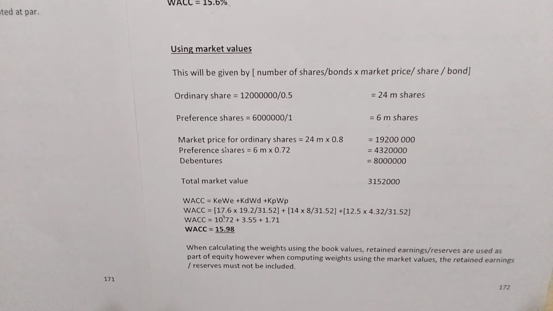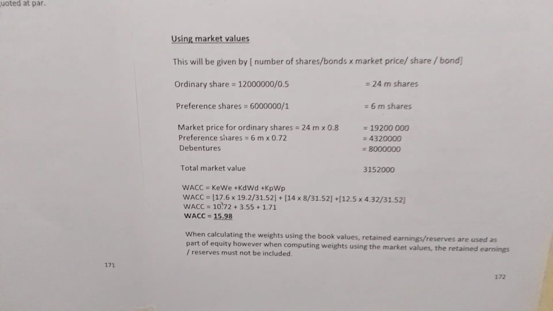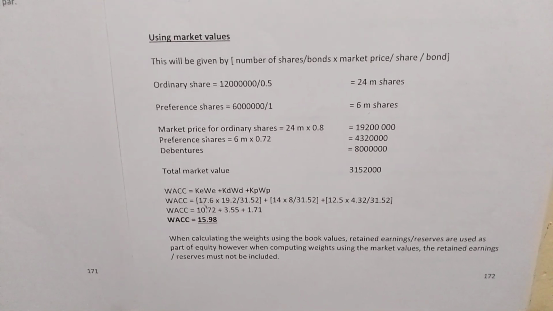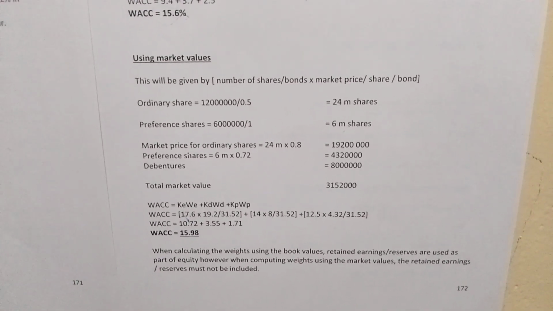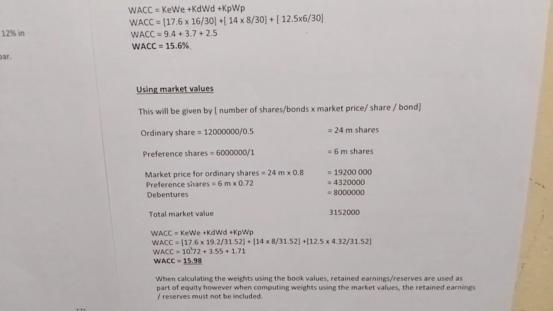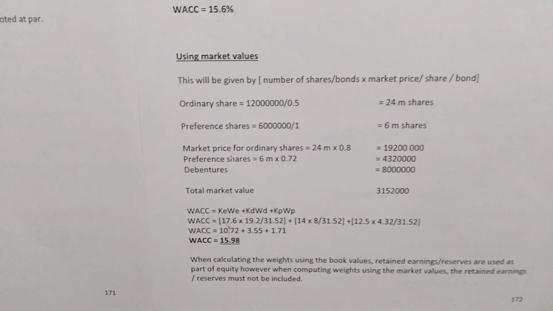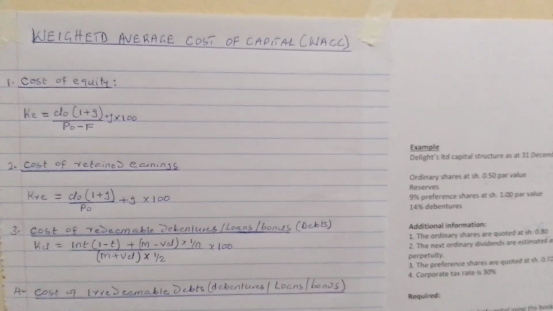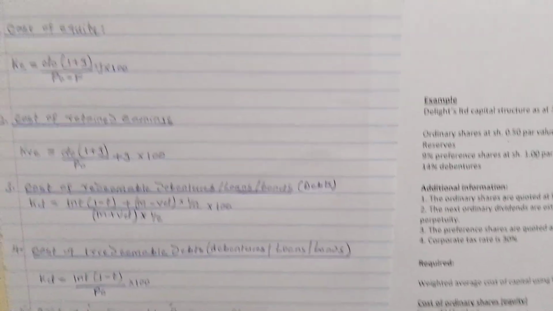If you are calculating cost of raising additional capital, then in that case you will talk of marginal cost of capital. The next lesson we will take a question on MCC, marginal cost of capital. That is the end of our discussion about weighted average cost of capital.